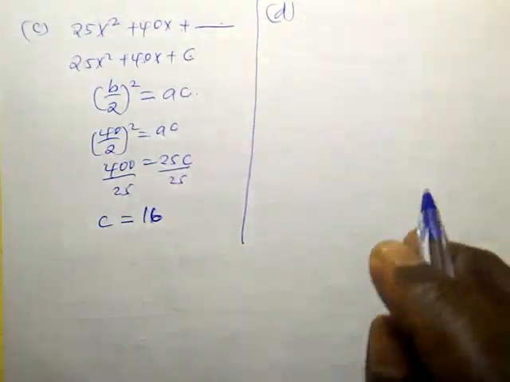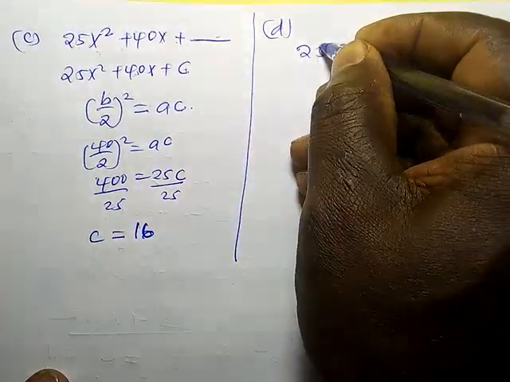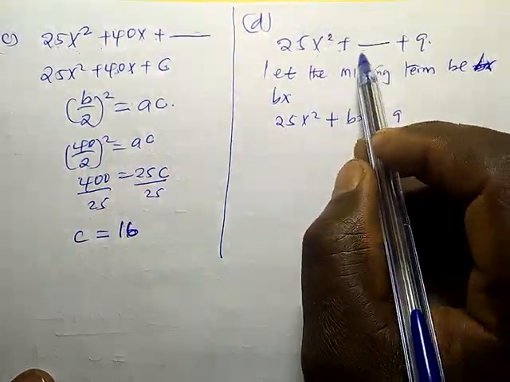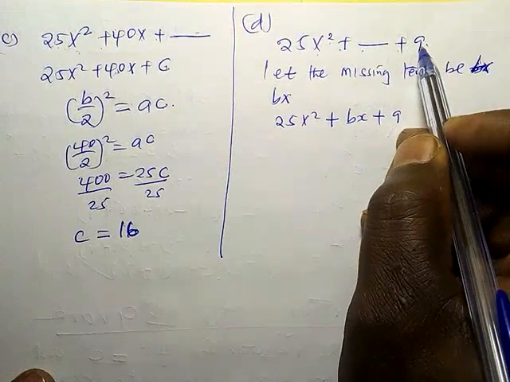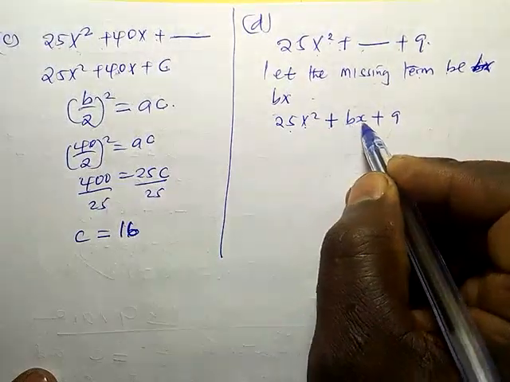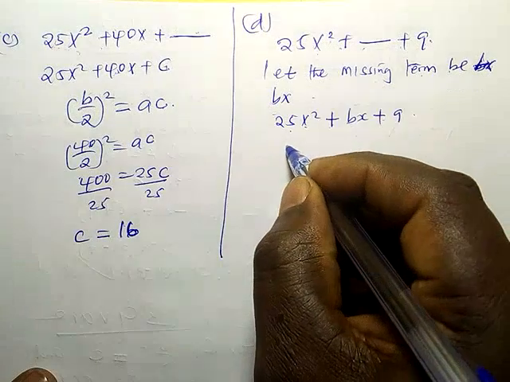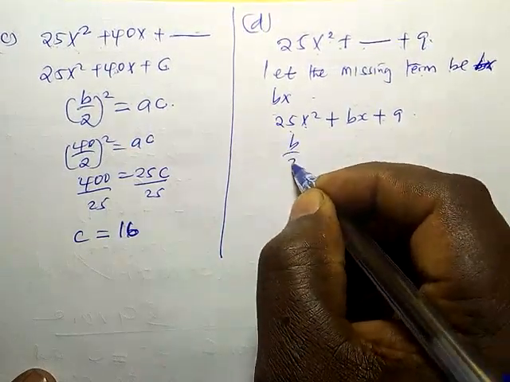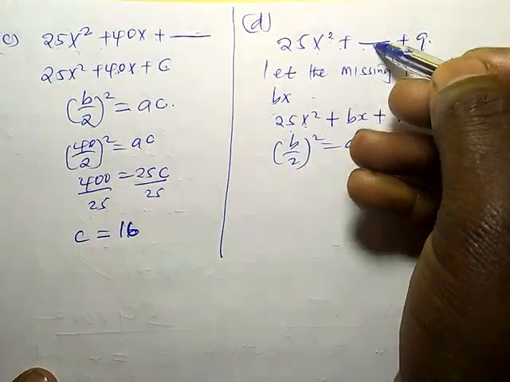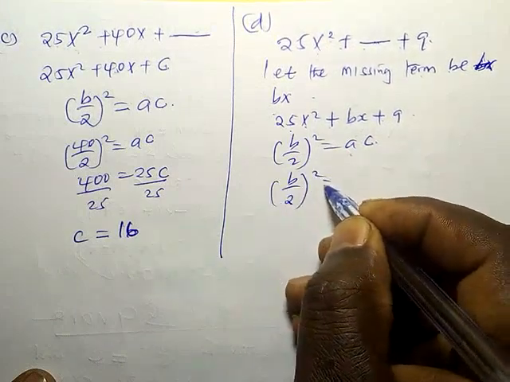D. So 25x squared plus dash plus 9. So let the missing term be bx. So 25x squared plus bx plus 9. So this is a perfect square, and we know the coefficient. So we are going to use the relationship (b over 2) squared is equal to ac. So now we don't have b, but we have ac. So (b divided by 2) squared equal to ac.